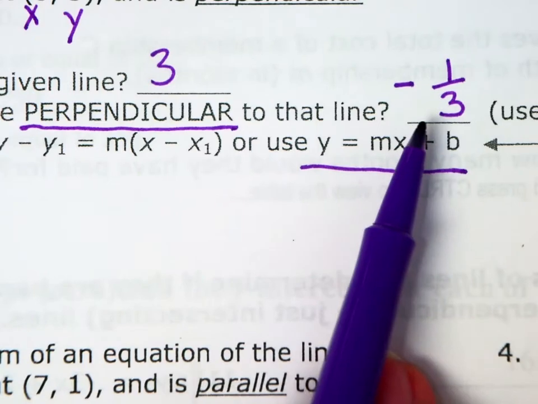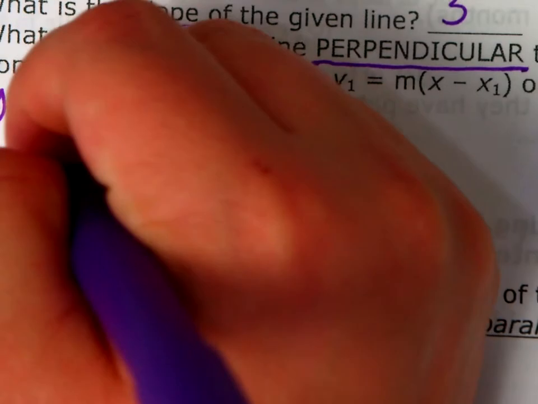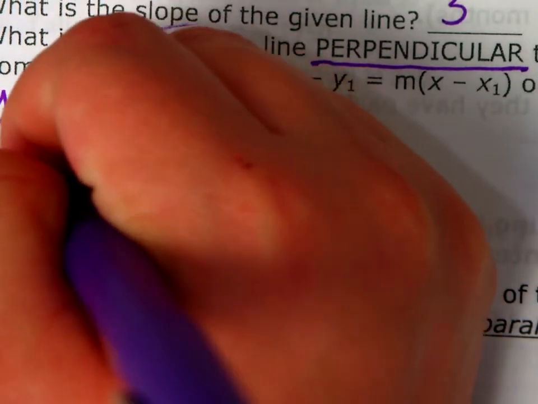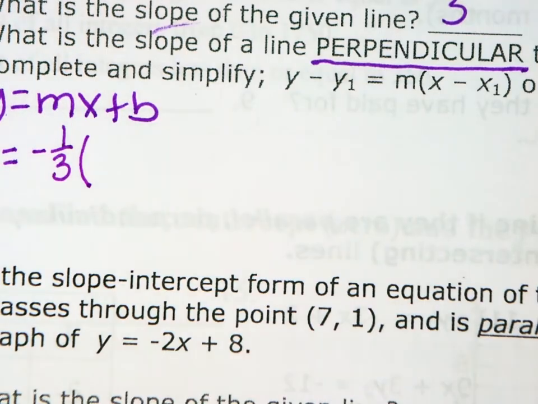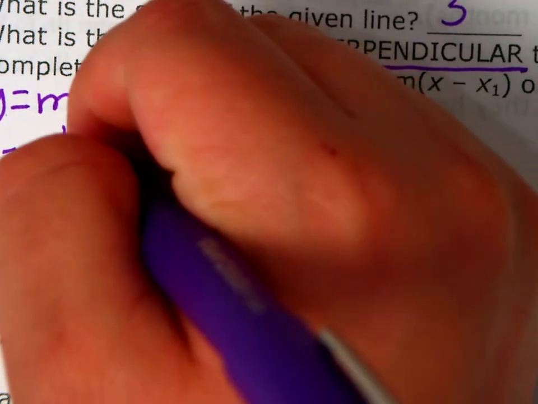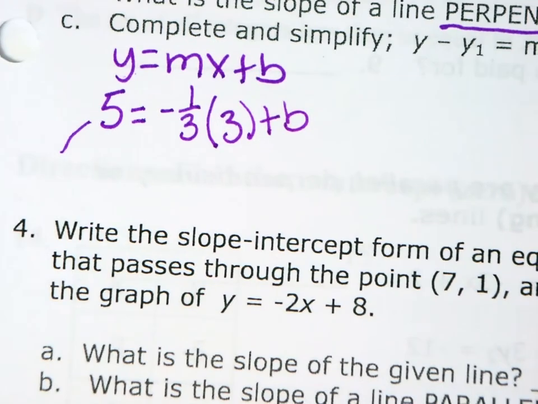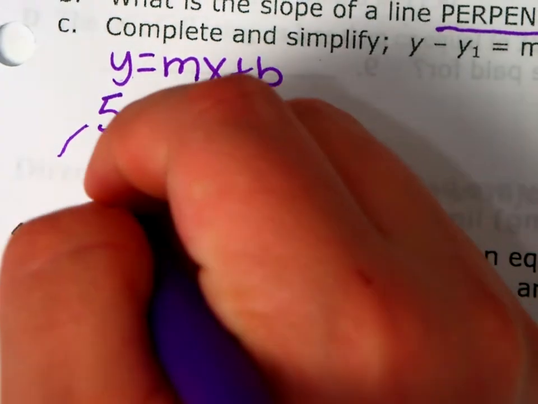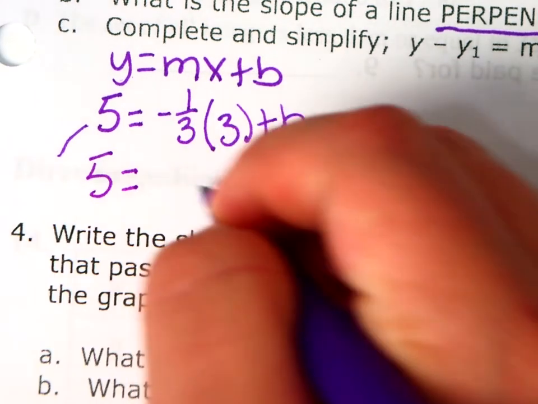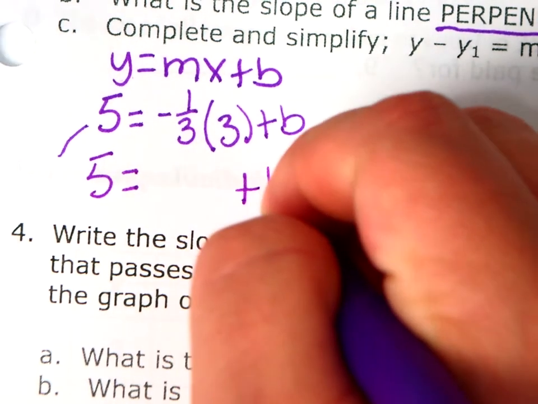Negative 1/3. Times my x, 3, plus b. Now I'm going to get 5 is equal to some number plus b.